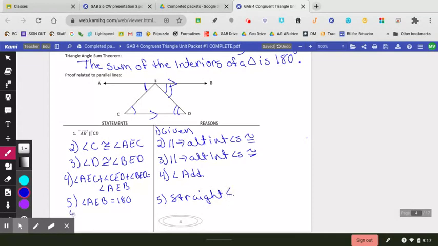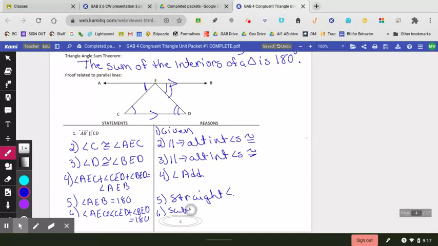And then substitution says angle AEC plus angle CED plus angle BED equals 180.